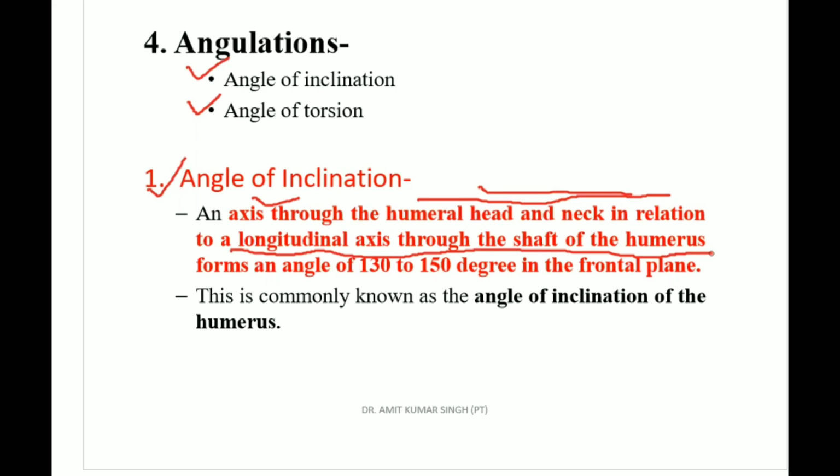One line is coming from the humeral head and neck, another line is coming from the longitudinal axis through the shaft of the humerus. They form an angle. That angle is known as the angle of inclination of the humerus, and the normal value of that angle in humerus is approximately 130 to 150 degrees.